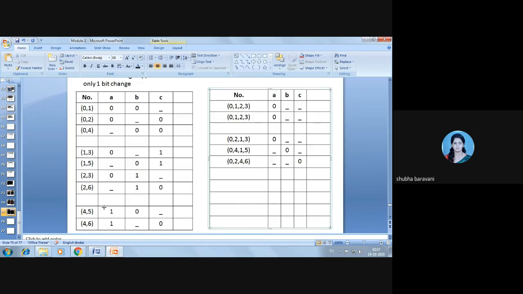Check 2 3 with 4 5, not possible. Similarly, 2 3 with 4 6 is also not possible. Okay, next. 2 6 with this, it is not possible. 2 6 with this, it is not possible. Okay.